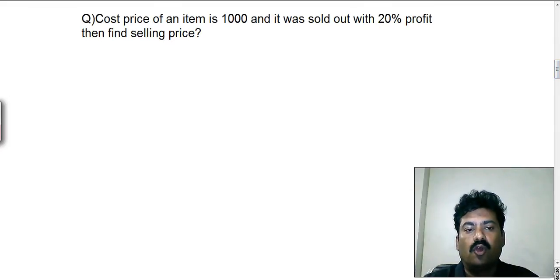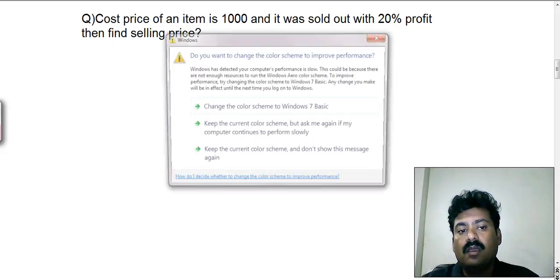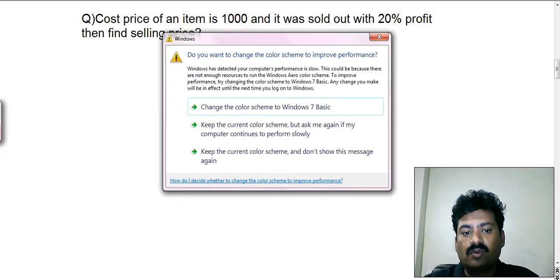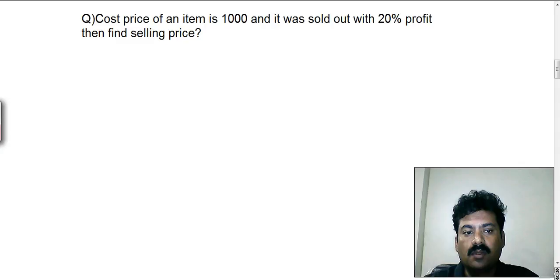So look into this problem. The cost price of an item is 1000 and it was sold out with 20% profit. Then we want to find out the selling price. When you go with this example, the cost price has been given to you and the profit percentage has been given to you.